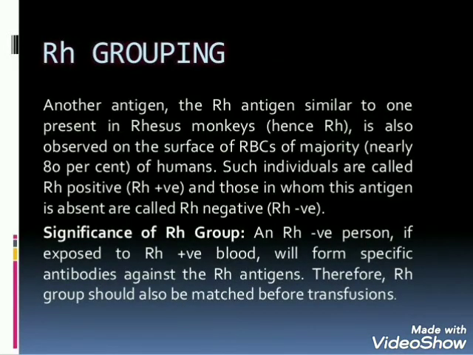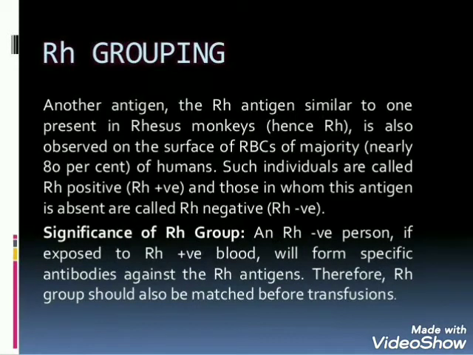Another thing which needs to be checked before transfusion of blood from donor to recipient is Rh grouping. Rh antigen is a protein which was first discovered in the rhesus monkey. It is an antigen which is also present on the surface of the RBC of human beings.